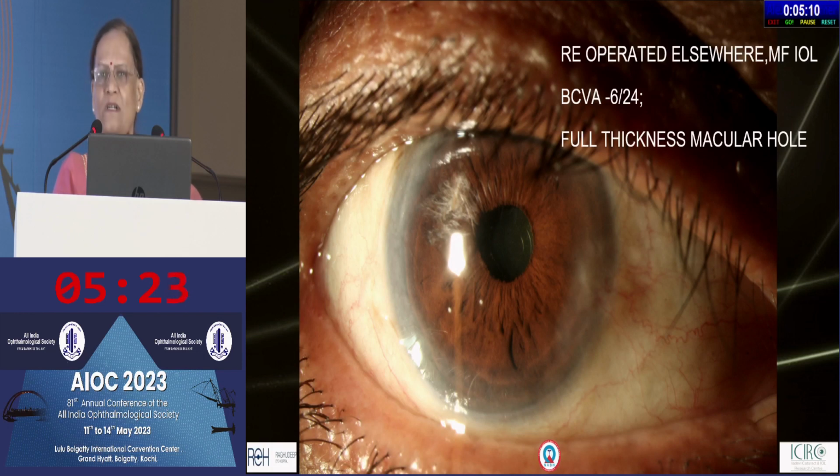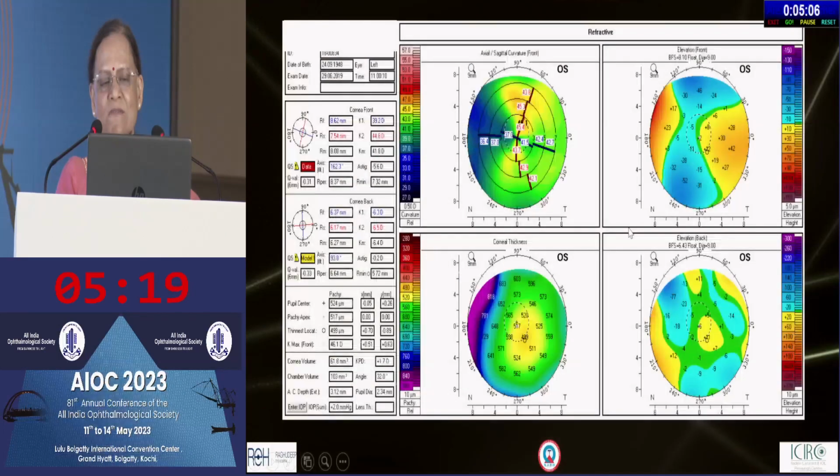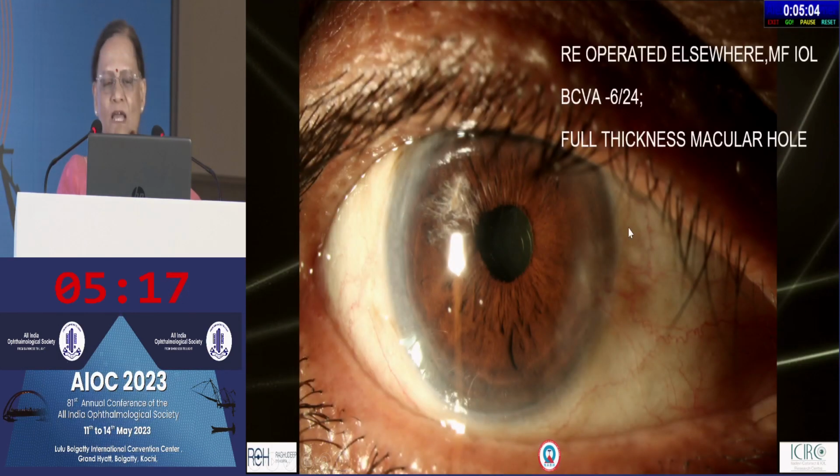To make it worse, the other eye was operated elsewhere, and if you can see the central rings, there's a multifocal IOL, there's iris chafing that you can see, and there is a big pterygium here. And he has a full thickness macular hole with a very compromised visual acuity. So this made our task even more difficult.